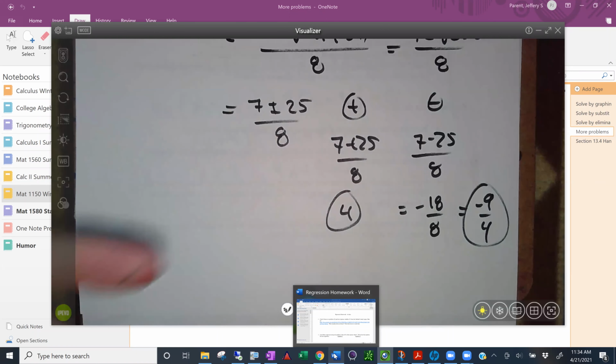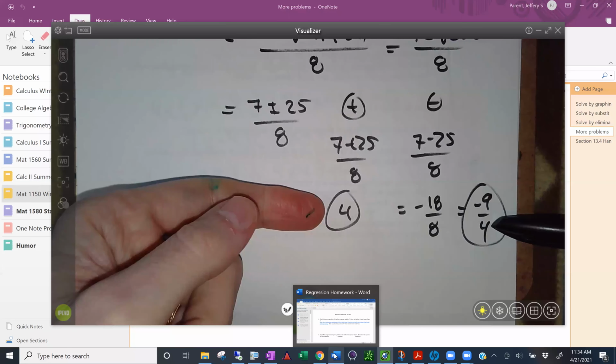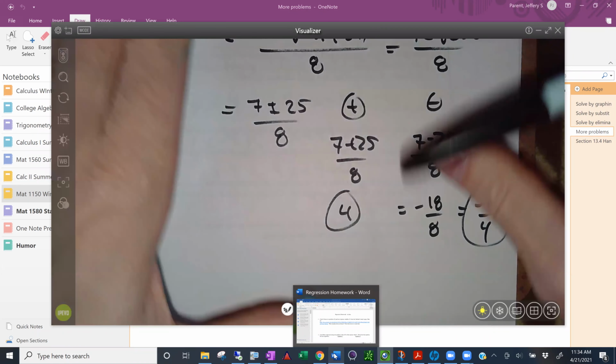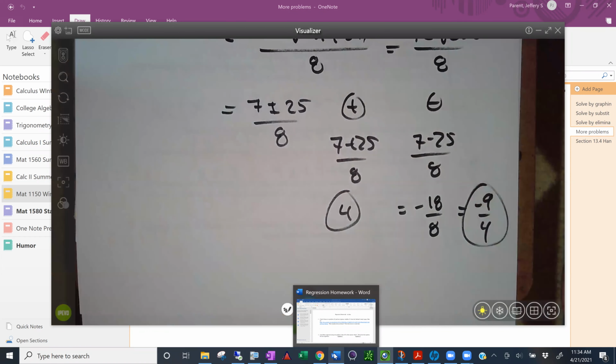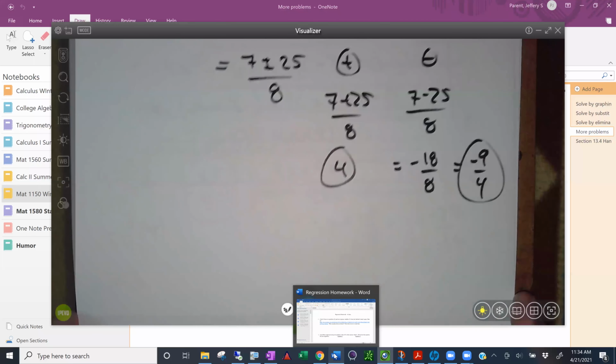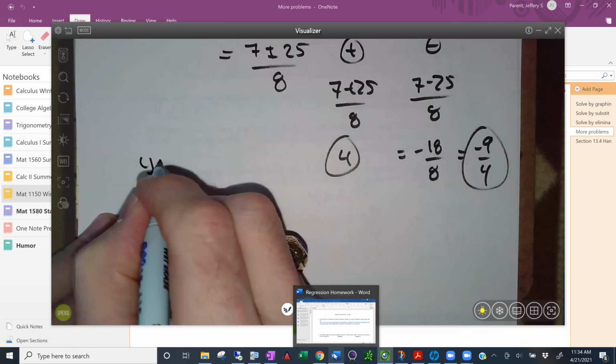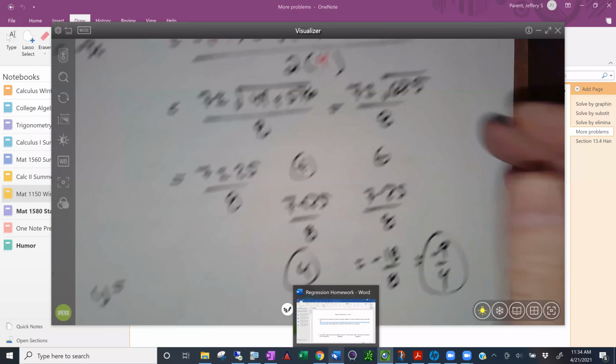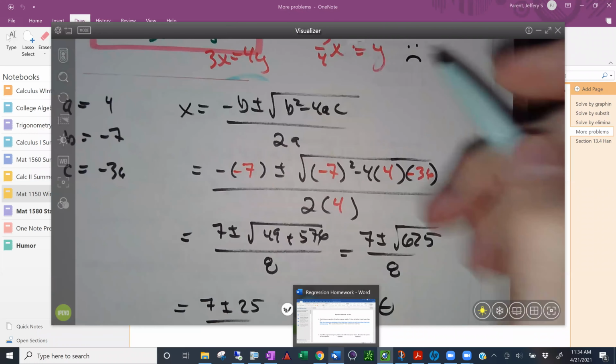Now, regrettably, we're still not done. We're almost there though. Any questions or thoughts on what we got here so far? There's one last thing to do. We need to figure out what y is. Remember, we did our substitution, or one of the possible substitutions is y equals 3/4 of x.